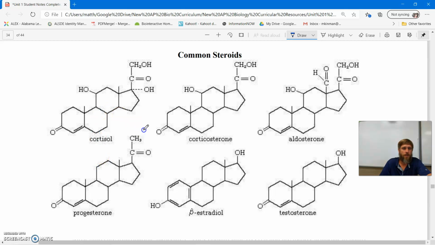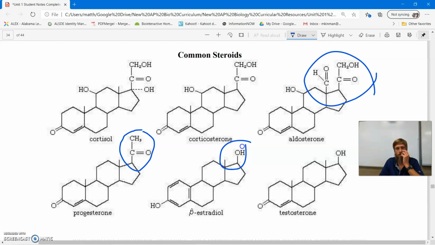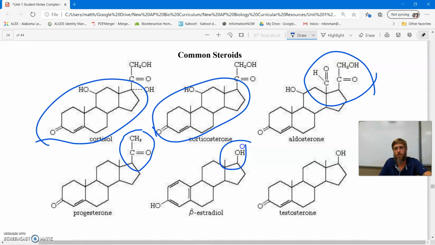But notice the major difference are here and here and right there. So those are the functional groups. And this is something that's going to be similar when we talk about amino acids. Most of the structure is the same, but just by changing these functional groups changes the entire function of the hormone.